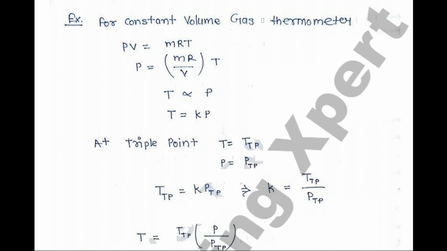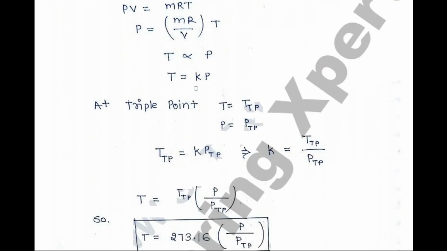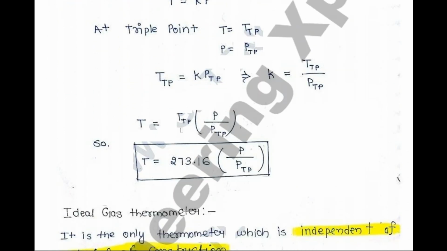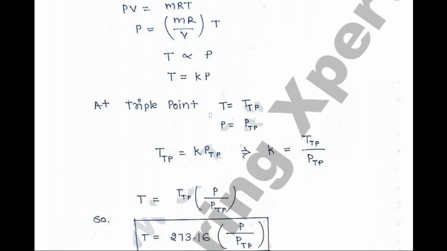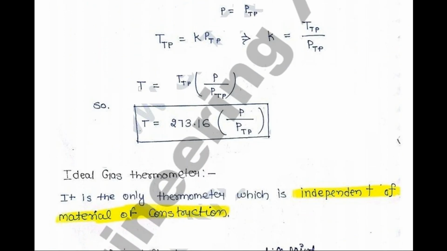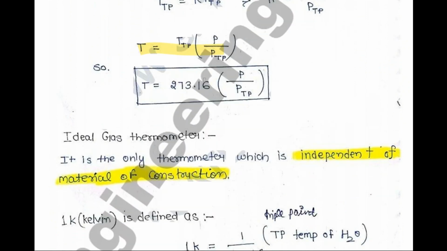So here you can see how they have mentioned this. Basically, P equals mRT, T is directly proportional to P, and K is a constant, and we can find K from one reference only. After finding K, we get the relation of T with the thermometric property. So here we can get the relation with just one reference state.